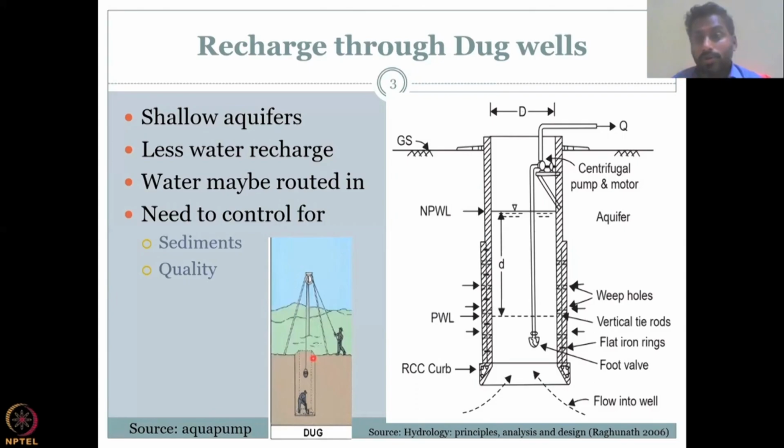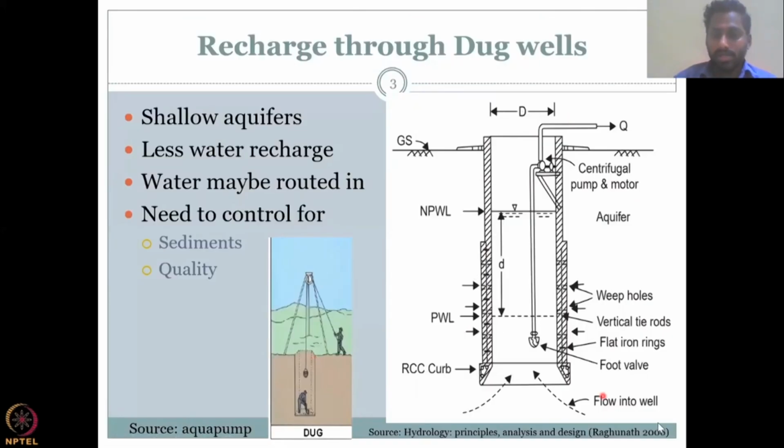I think this is common for any recharge method. It is more common here because there's no material to filter the water, unlike in the recharge pits, where you have gravel and other things which would filter the water. Here it's not, because you already exposed the full aquifer.